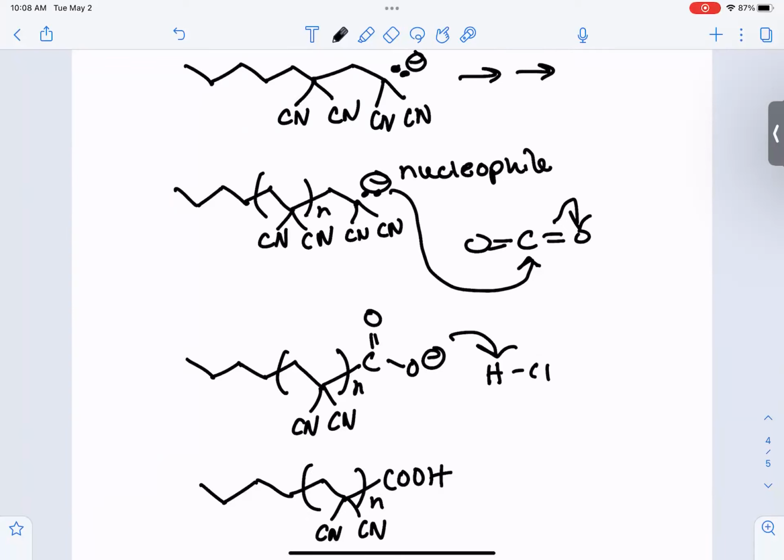And we have our intact polymer. Do we see that? Okay.